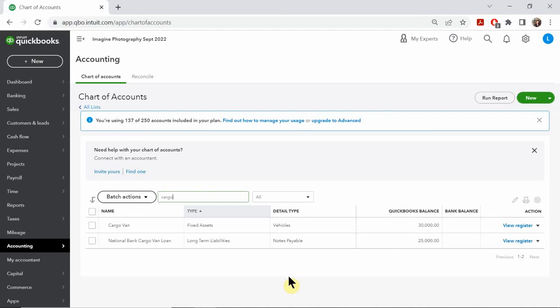We borrowed $25,000 from the bank to buy the cargo van, and we also made a down payment of $5,000. So that means the value for this cargo van is a total of $30,000, because we put a down payment and we borrowed $25,000 to buy it. And there you have the total amounts.